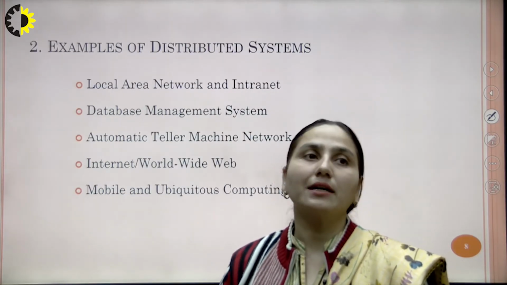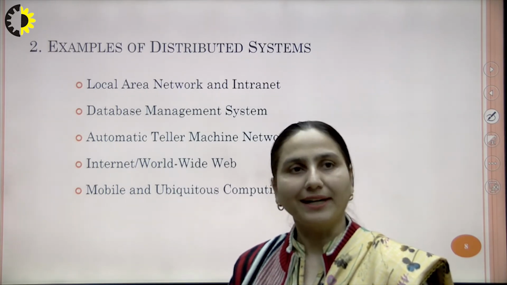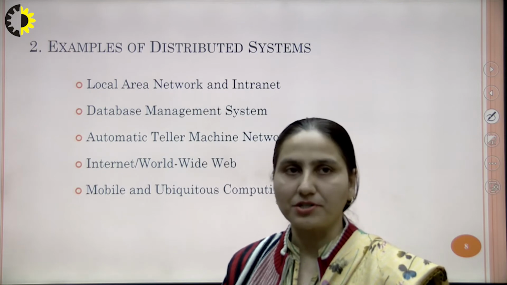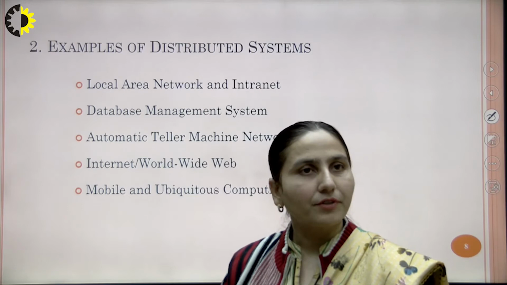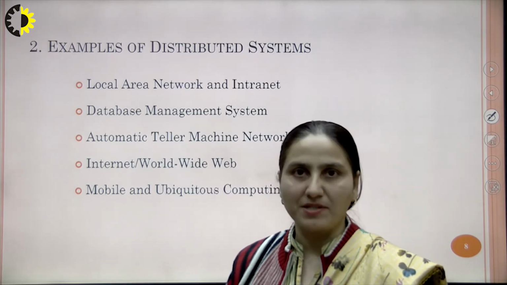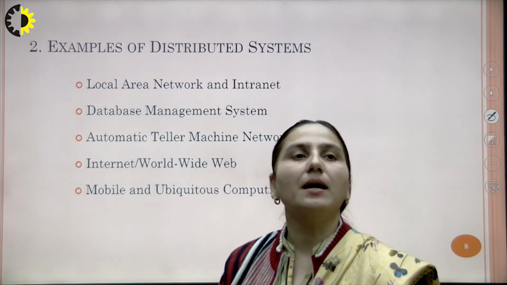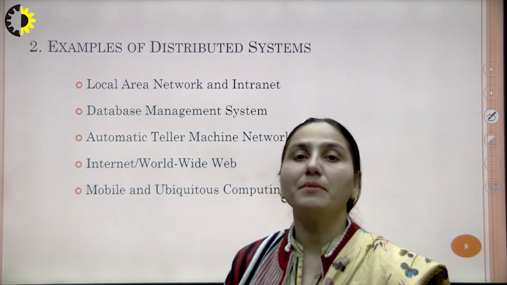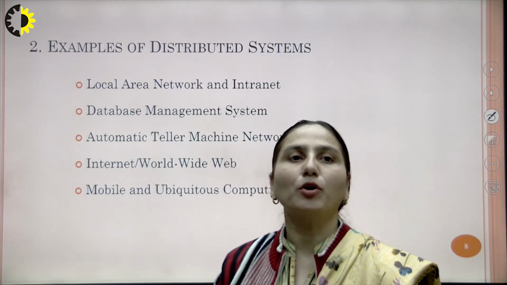Now next come the examples of distributed systems. Local area network, LAN, is an example of a distributed system. Intranet is again an example. Database management system, which is used for managing data, is again an example. ATM machines, the automatic teller machine network, is again an example.